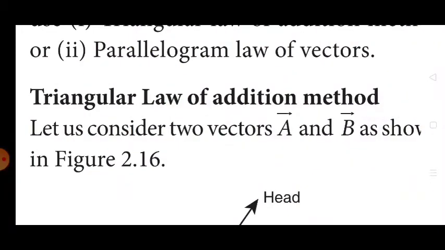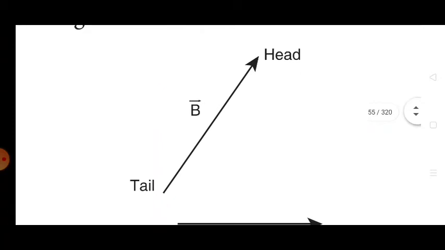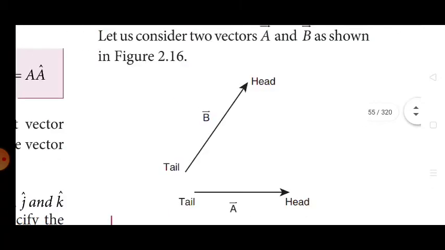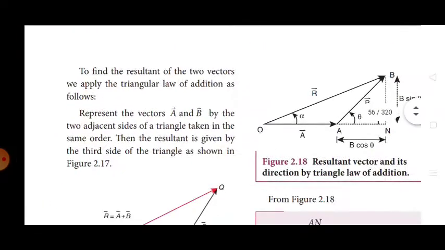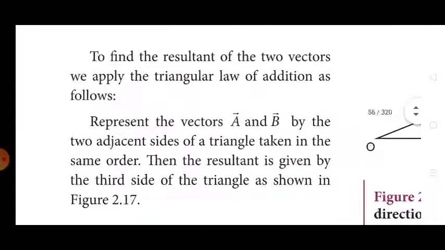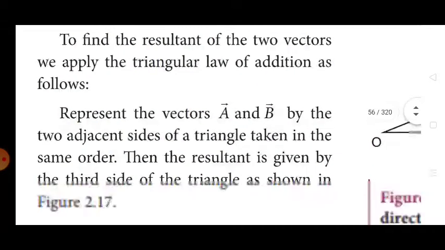There are two vectors, A vector and B vector, shown in the diagram. Vector A has a tail and head, vector B has a tail and head. To find the resultant of two vectors, we apply the triangle law of addition.